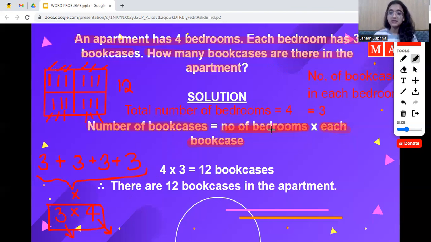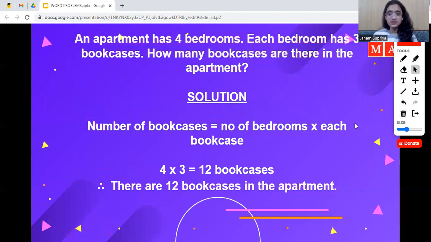So when we multiply these two, we get 4 into 3 equal to 12 bookcases. 4 3s are 12. Therefore, there are 12 bookcases in the apartment. So this is what we got as the final answer.